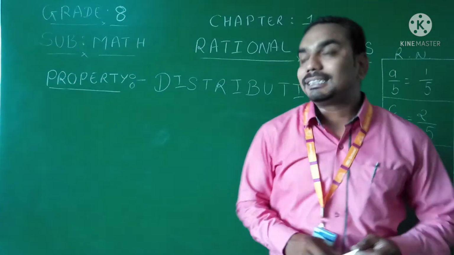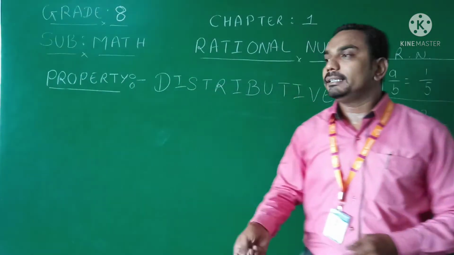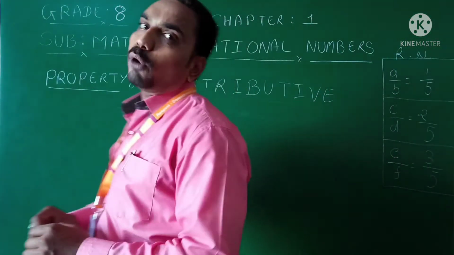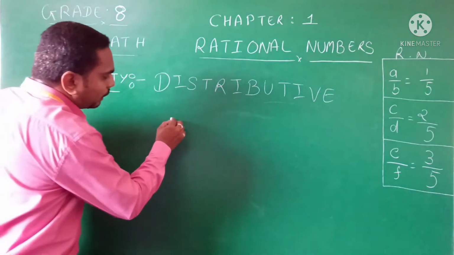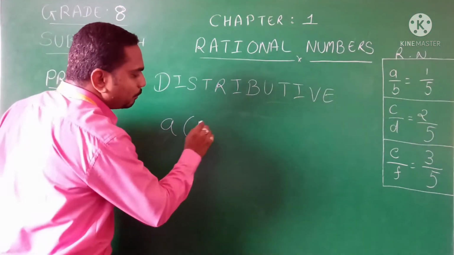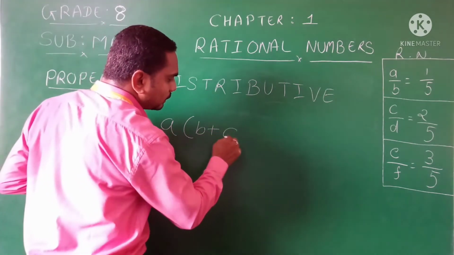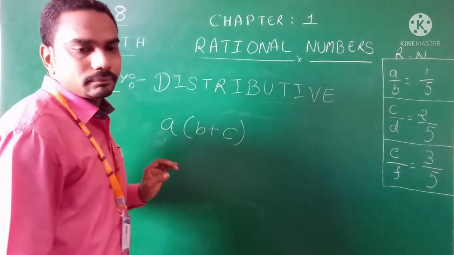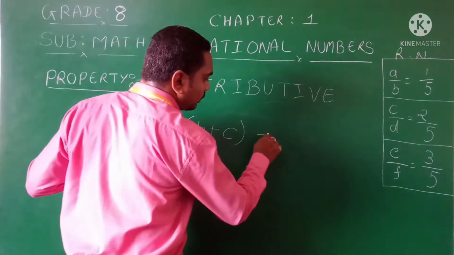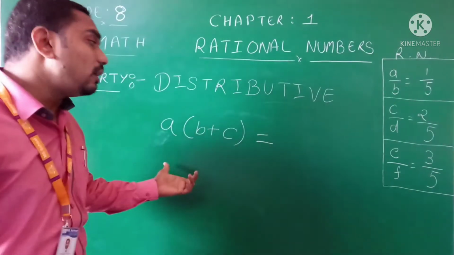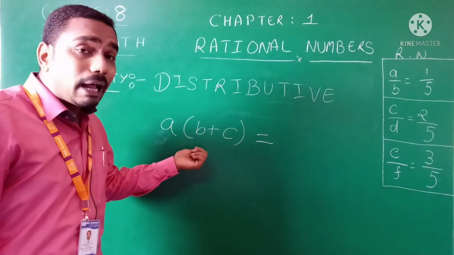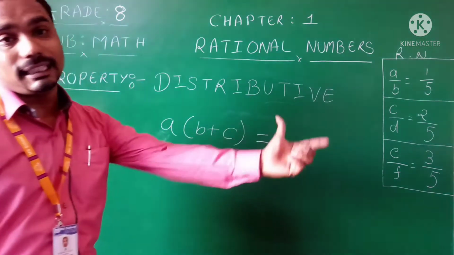Now students, let's understand the fourth property, that is the distributive property. In a distributive property, let's take an example, a into b plus c. So for the sum, how can we write this? A multiplied by, in a bracket, b plus c is given.